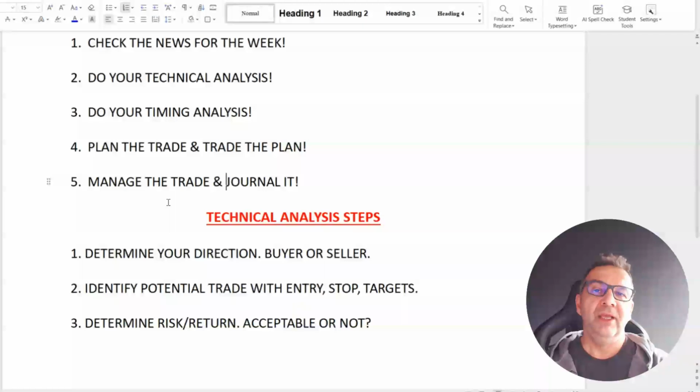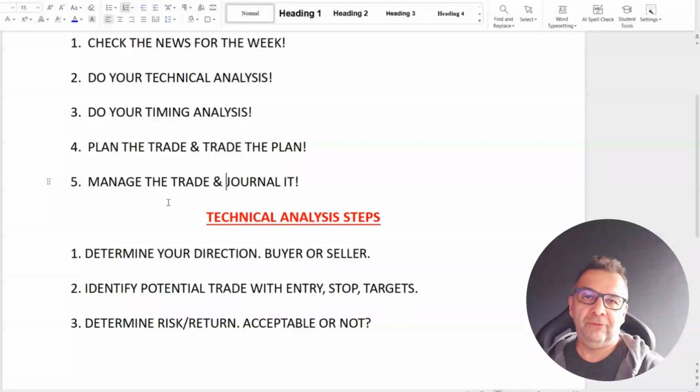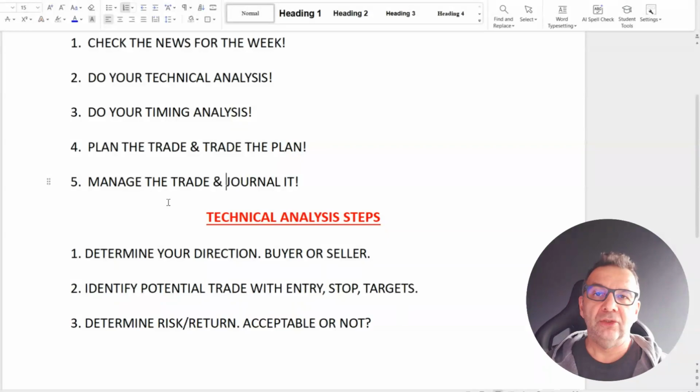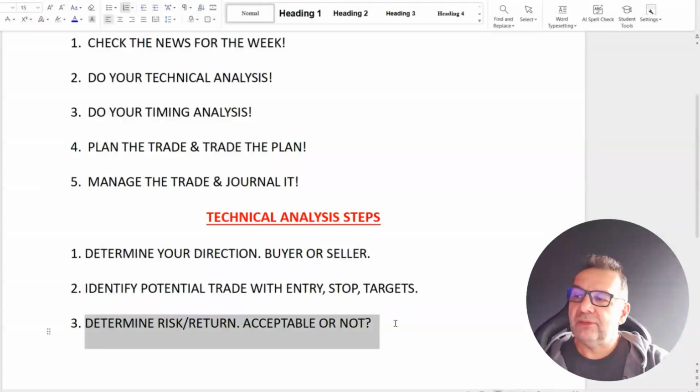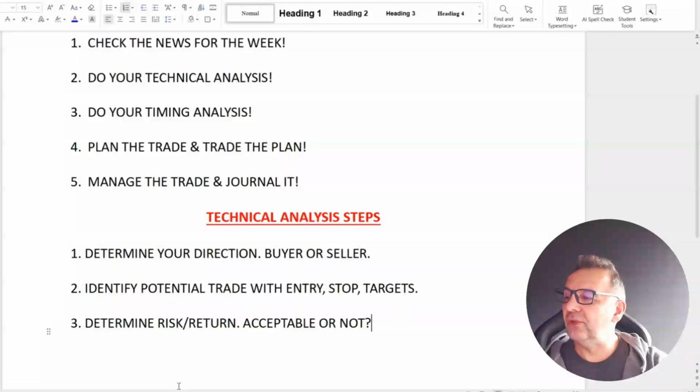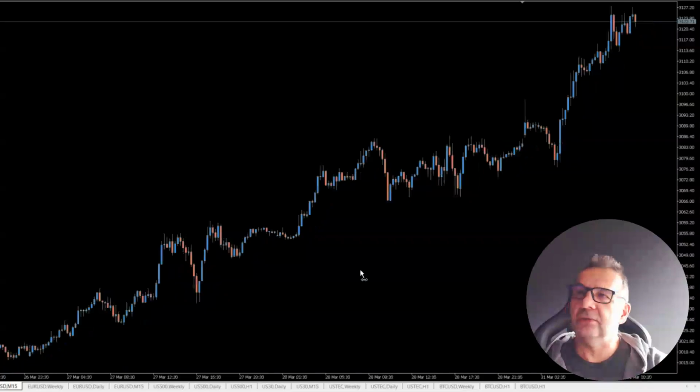There are a lot of Excel spreadsheets out there for doing money management and journaling your trades. Have a bit of research, see what works for you. Obviously, trade if your risk return is acceptable. If it isn't, you don't have to trade it. Just go for something else.